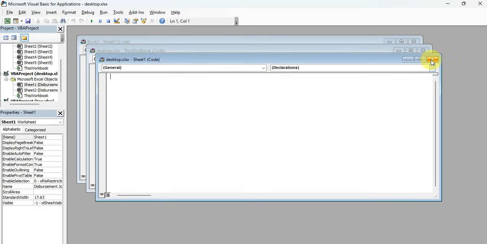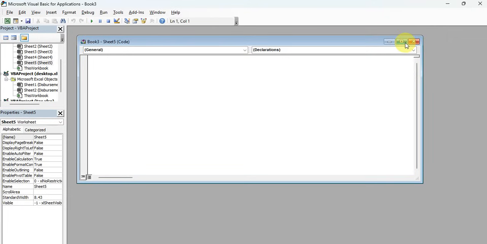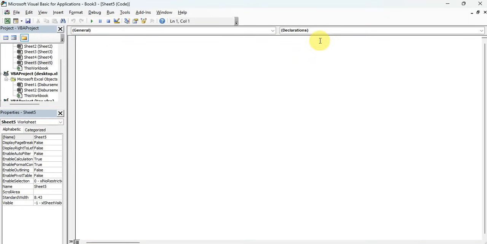So let me try and show you something. With VBA programming, if it were HTML and CSS, that would be the declaration, the doctype. But for VBA, you just have to introduce a sub.